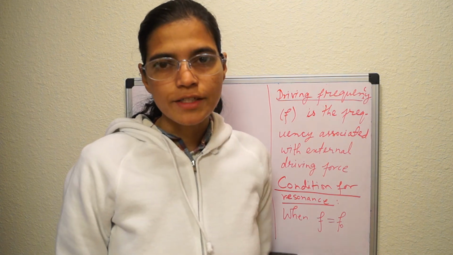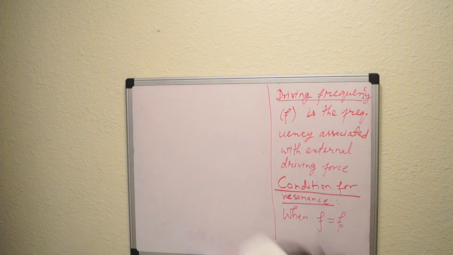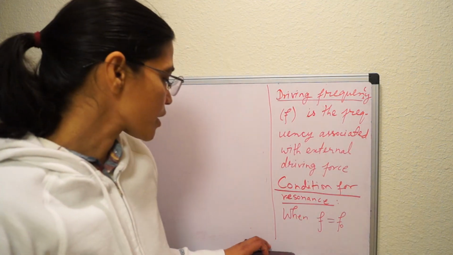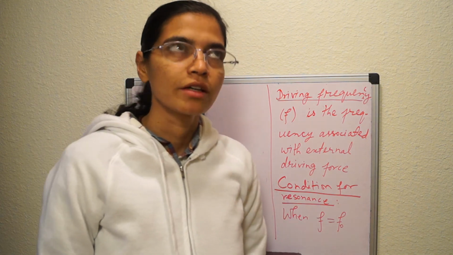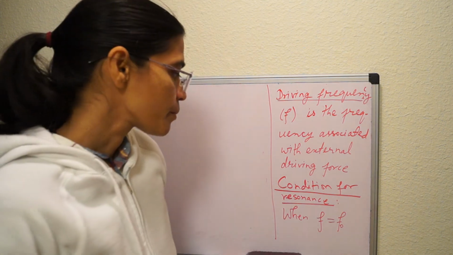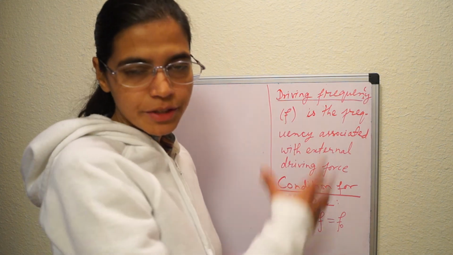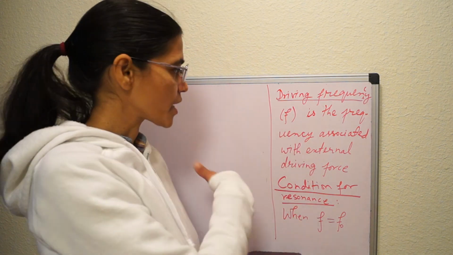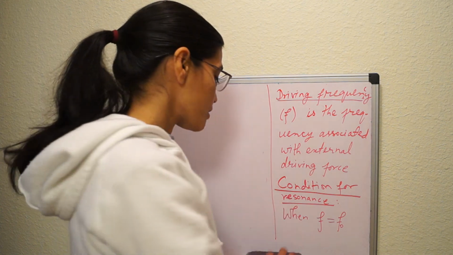Whatever we learned so far is going to be very important for the next chapter. The next chapter is about traveling waves, and we are going to start that on Tuesday. But for the next video, I'm going to give you a little bit of review for exam 1.